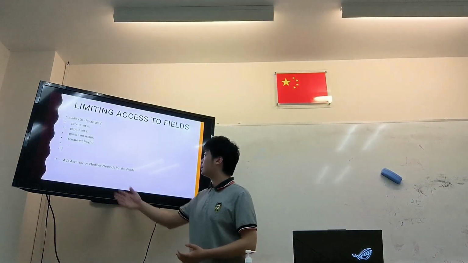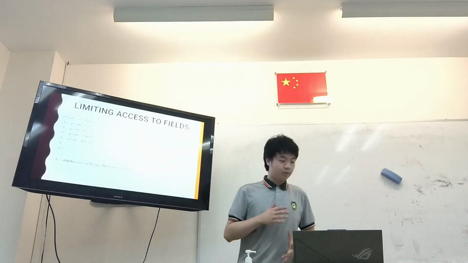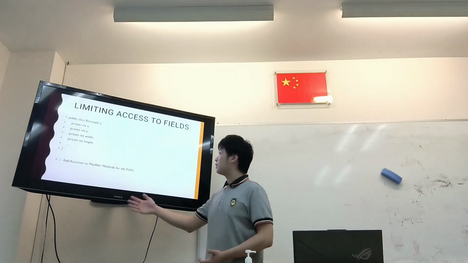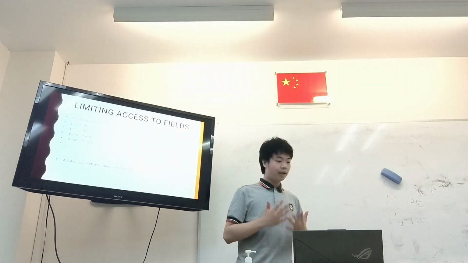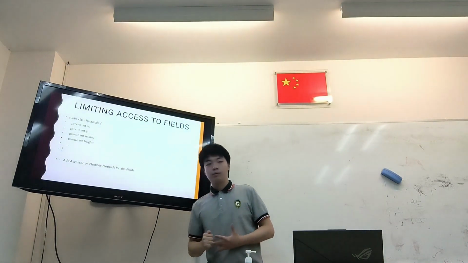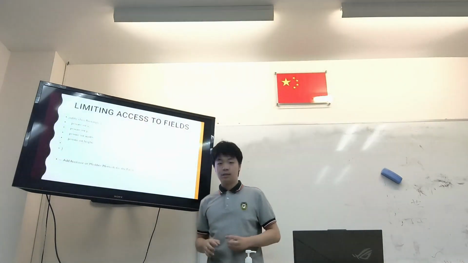For example, we have a public class called rectangle, and its fields are all private fields: x, y, width, and height. If you want to access the value of a field here, we can only add code inside the rectangle class to access it.